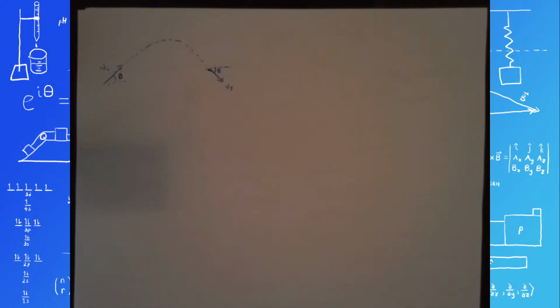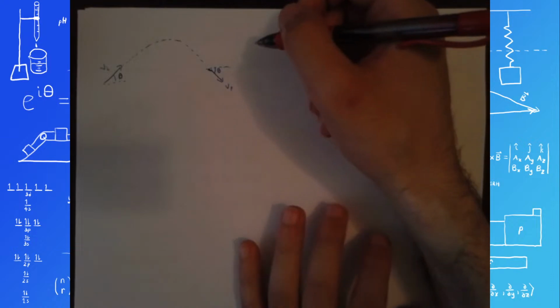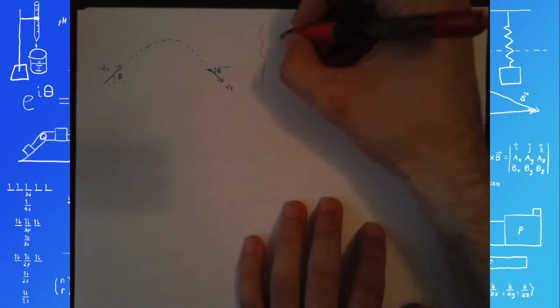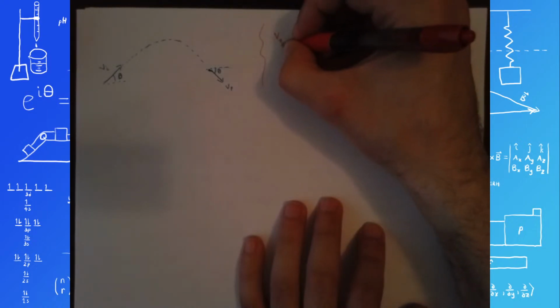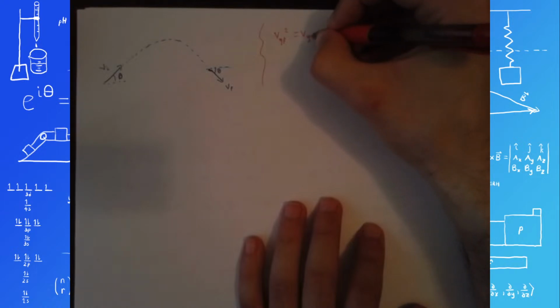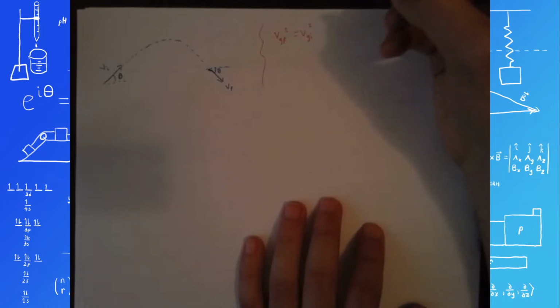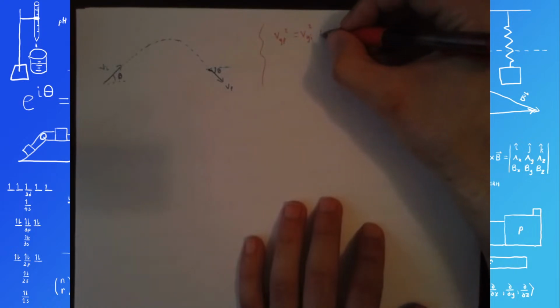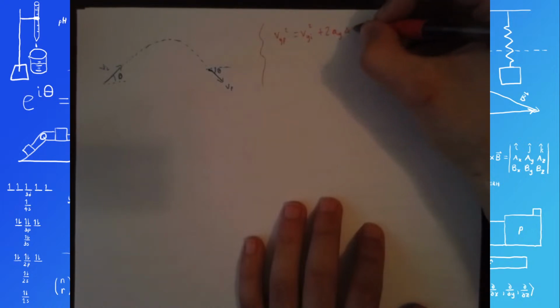We can see that by doing the same thing we did when proving the symmetric case for purely vertical motion. We can say Vy final squared equals Vy initial squared plus 2 times the acceleration in y times delta y.